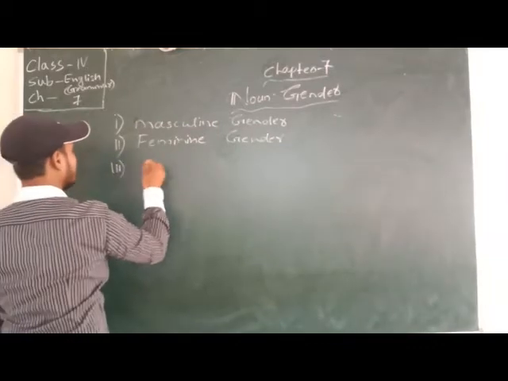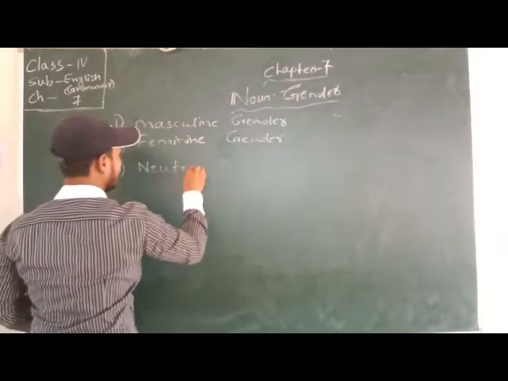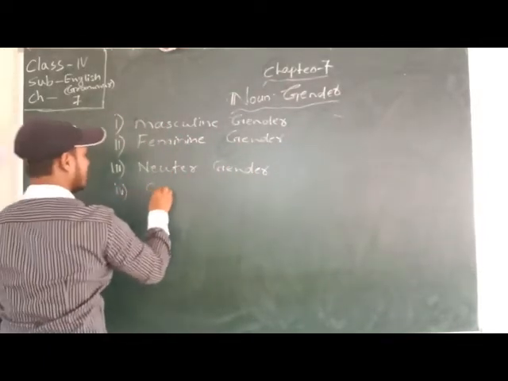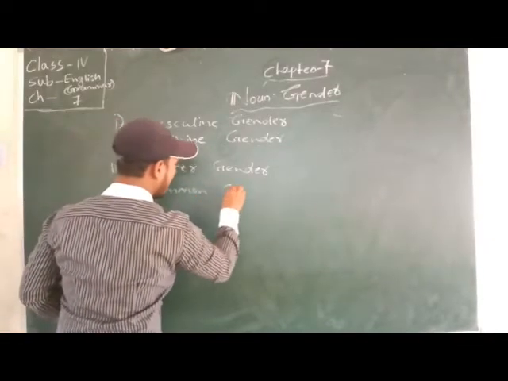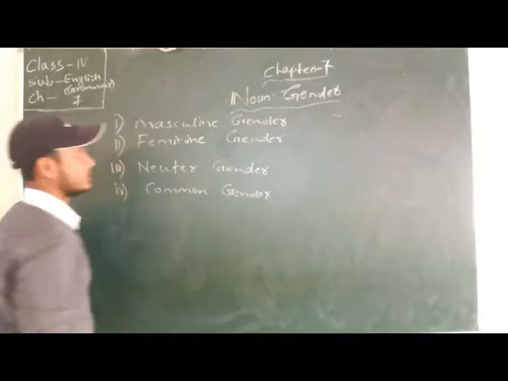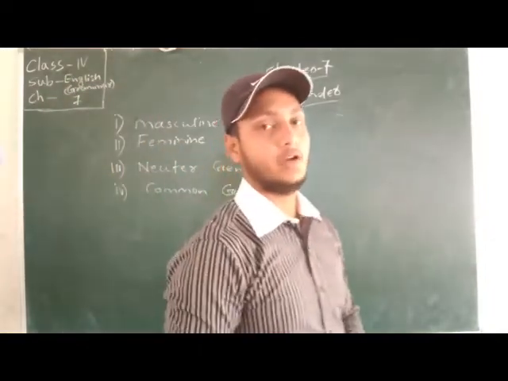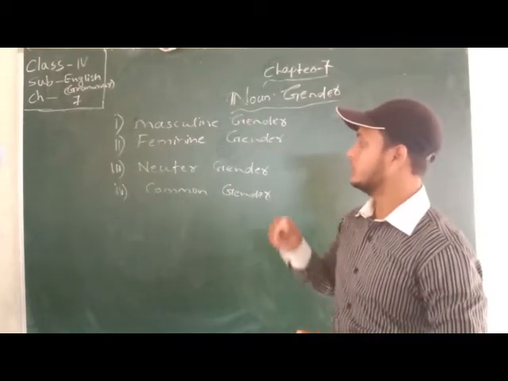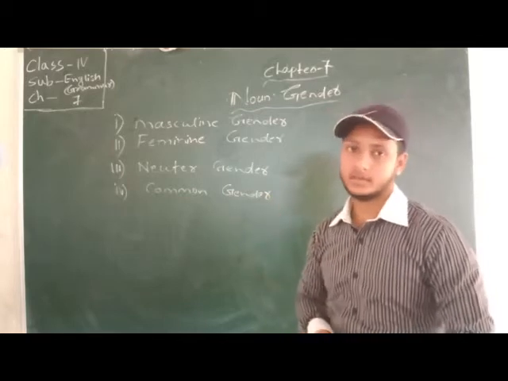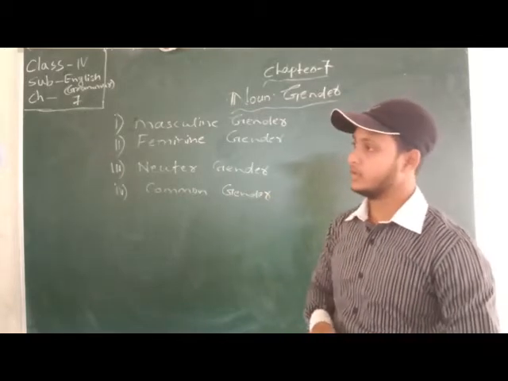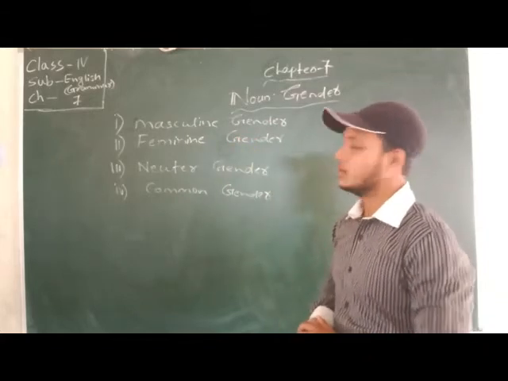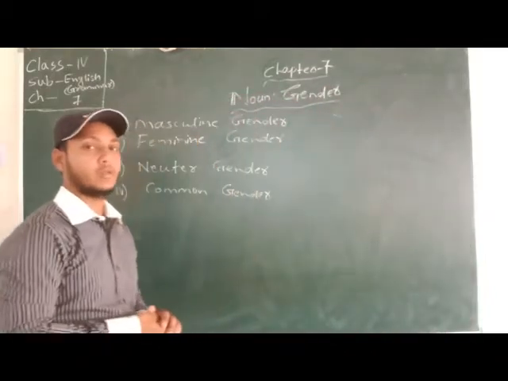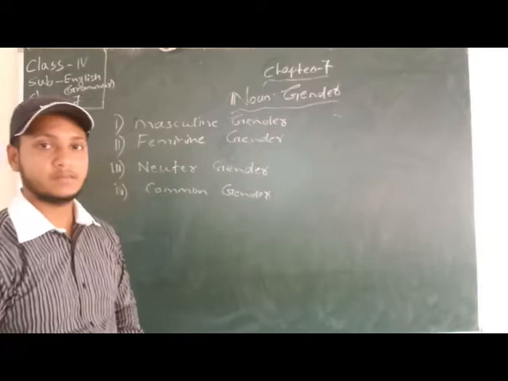Third is neuter gender, and fourth is common gender. So on the basis of gender, nouns are classified into 4 types: masculine, feminine, neuter, and common gender. Further we will discuss more about these 4 genders. Note them down quickly.